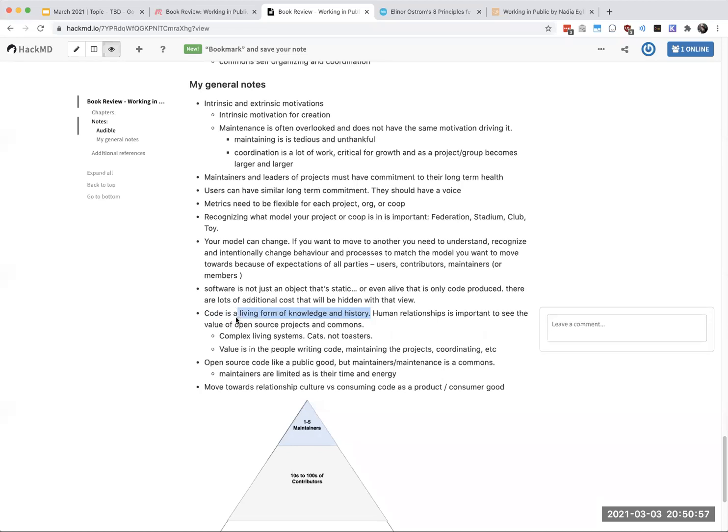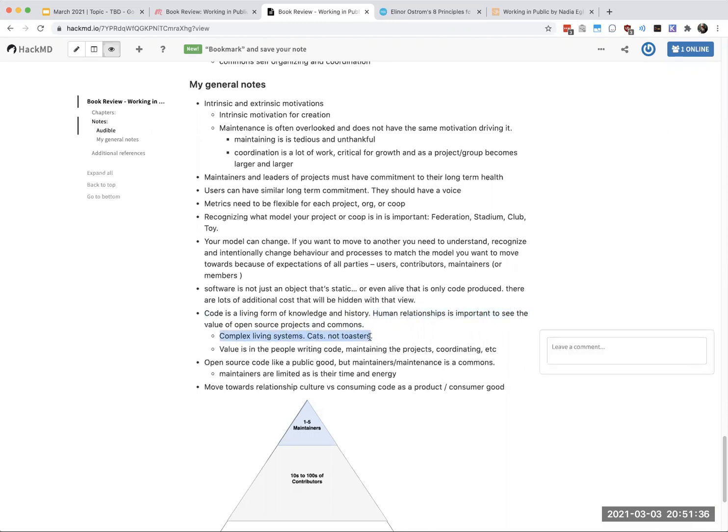And they referenced Unix itself as a history of the hacker culture. I don't know if you remember the exact quote, but it could be reproduced because it's so well known. Unix could be reproduced based on that knowledge of how it works, and it was living and changing to fit. But human relationships are important for the value of open source projects, and I'd say also for cooperatives and the commons.